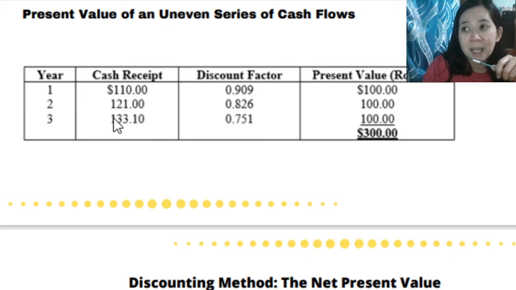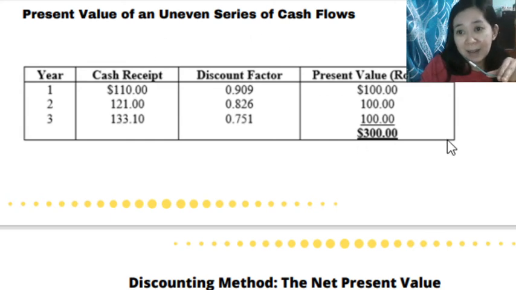This is the same as our first illustration a while ago, if the investor wants to earn $363. If you total these cash receipts, this equals $363.